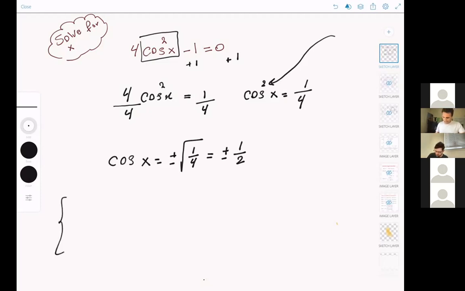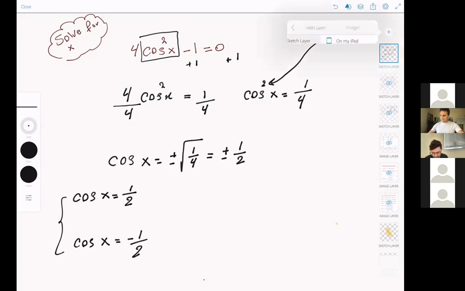So we have cosine of x equal to 1/2, or cosine of x equal to negative 1/2. One half should be familiar to you.